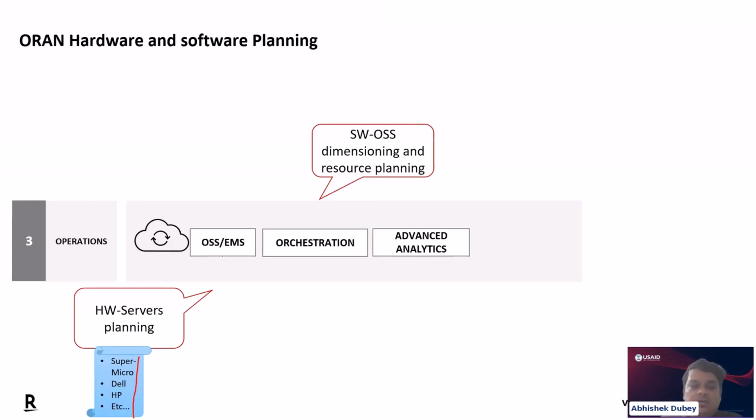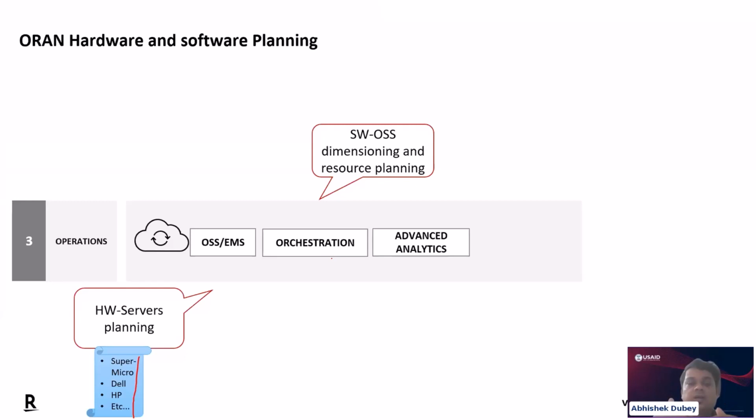And obviously for OSS and EMS, you have to perform the dimensioning. It is the same as what we did for eNodeB and gNodeB. How many cell sites do you need to manage through that EMS? Let's say the customer says, I am going to deploy 10,000 sites, and you need to manage all those sites.